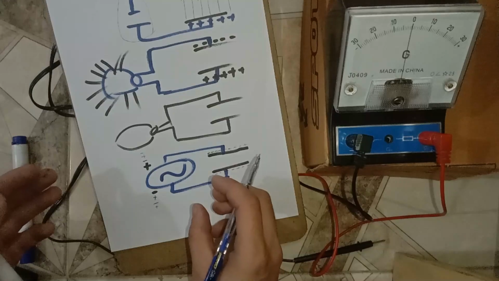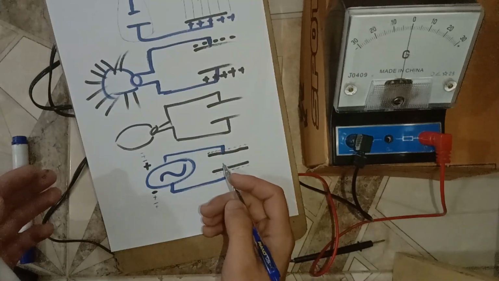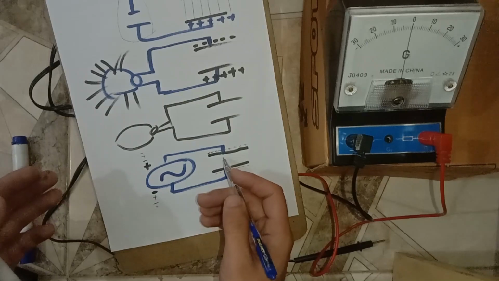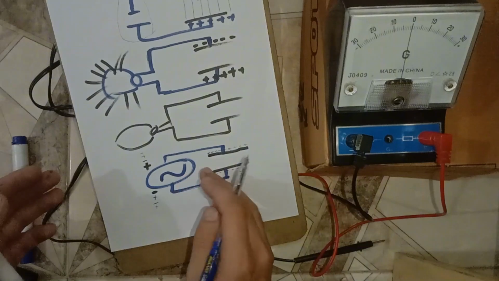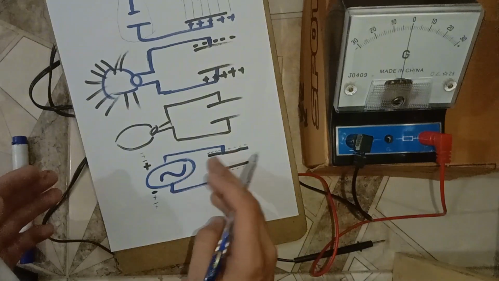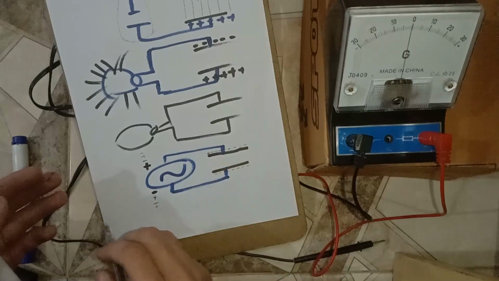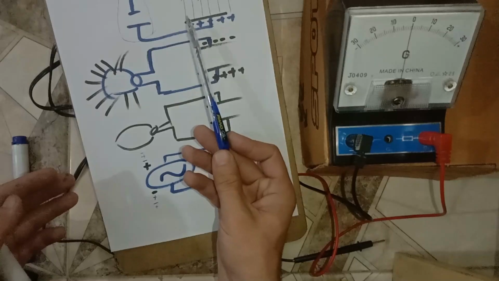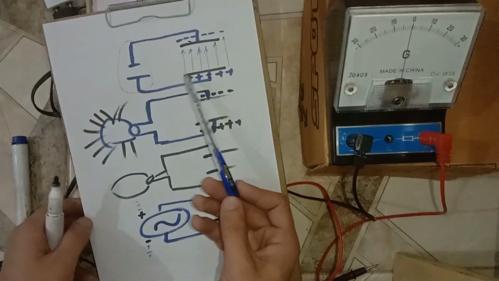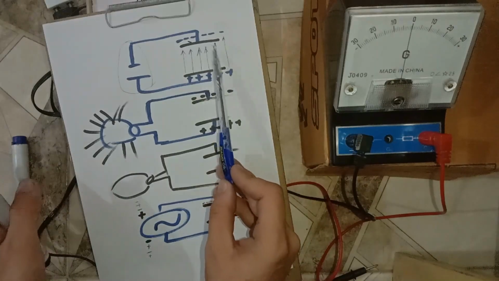So for one cycle this capacitor will be charged, for the other cycle this capacitor will be discharged. So here in case of the DC, if we provide the DC, this capacitor will be only charged.